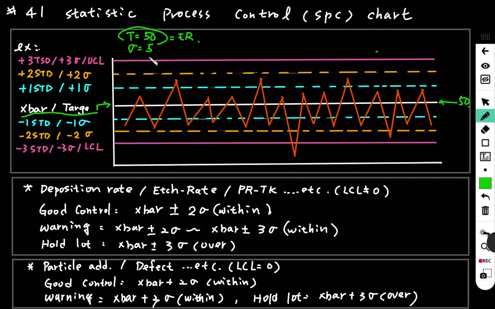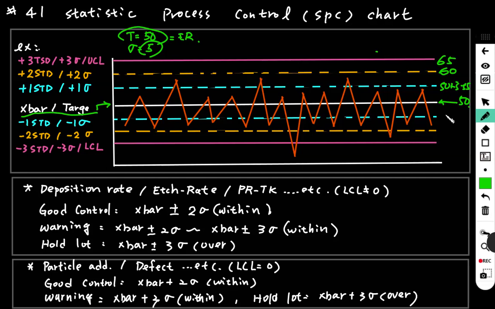Then after calculation, the sigma equals 5, so plus 1 sigma would be 50 plus 5, which is 55, plus 2 sigma would be 60, and plus 3 sigma 65.